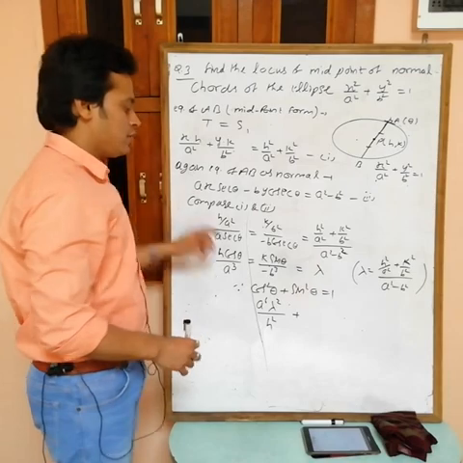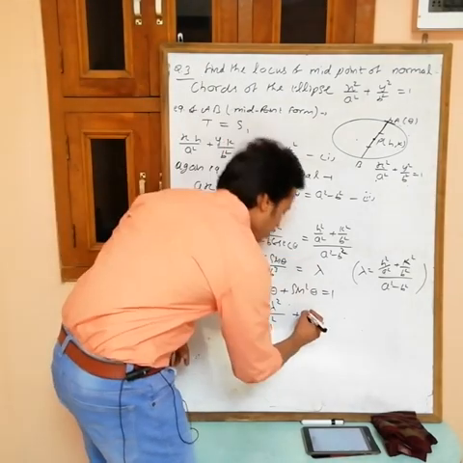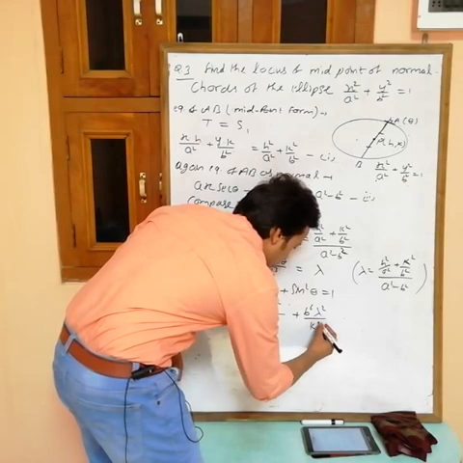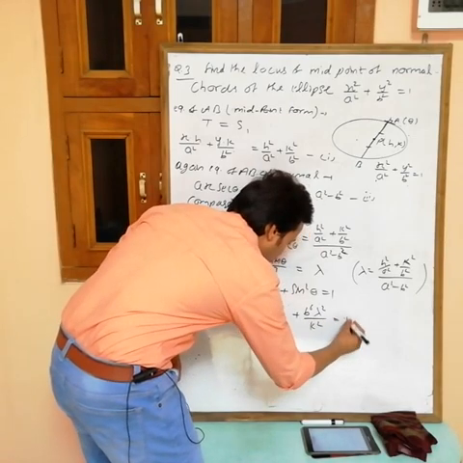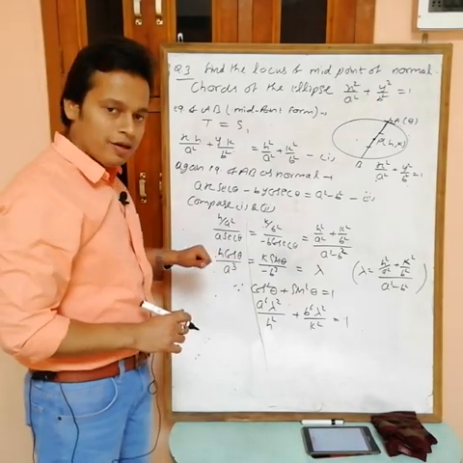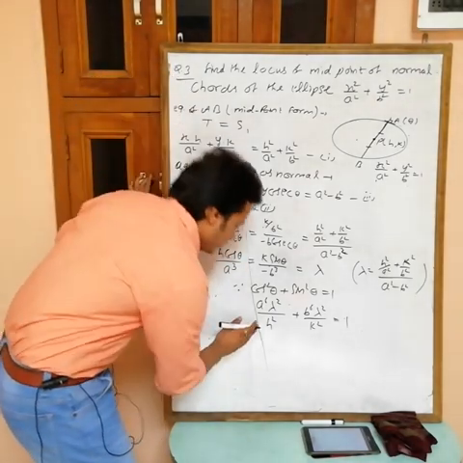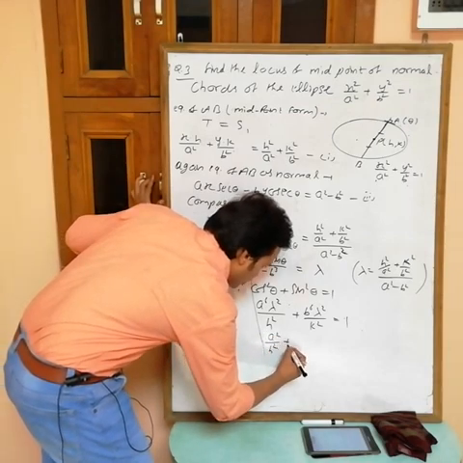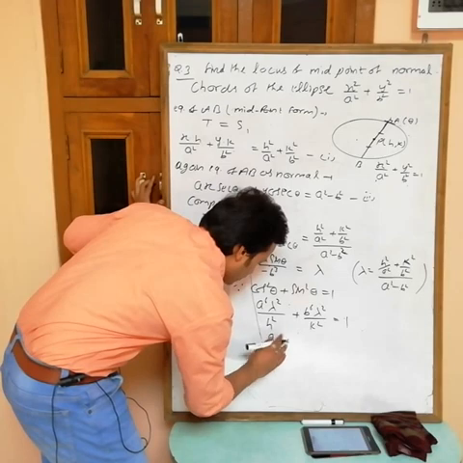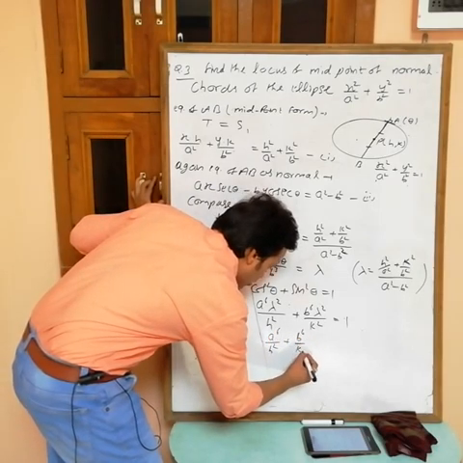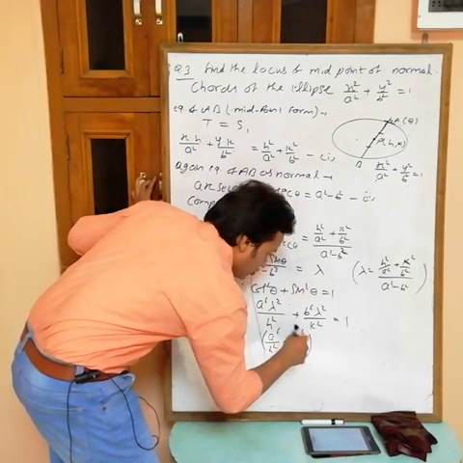Sine square theta is b power 6 lambda square by k square equal to 1. Okay, now take common lambda square, so what we are getting: a power 6 by h square plus b power 6 by k square, into lambda square.